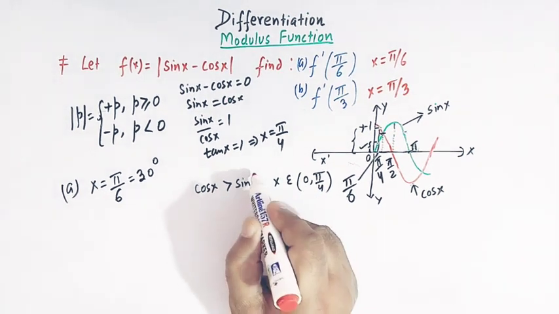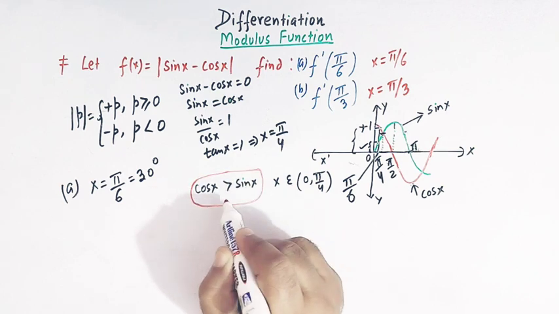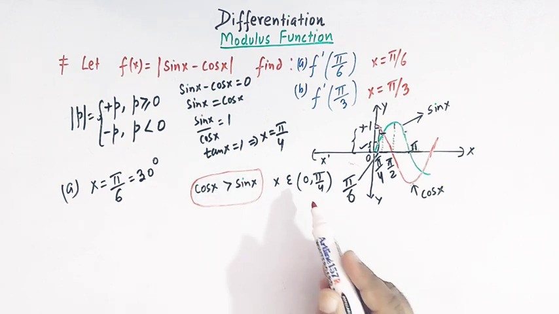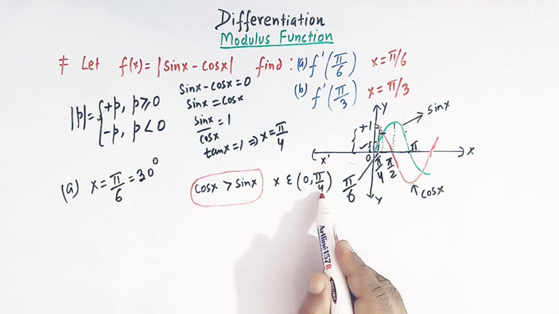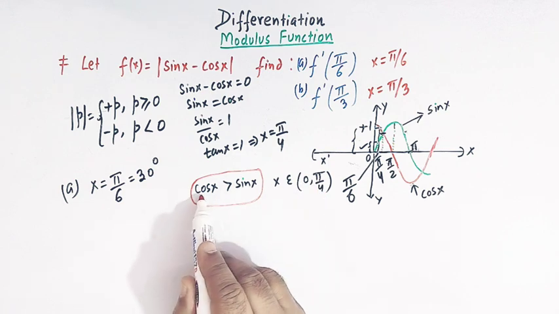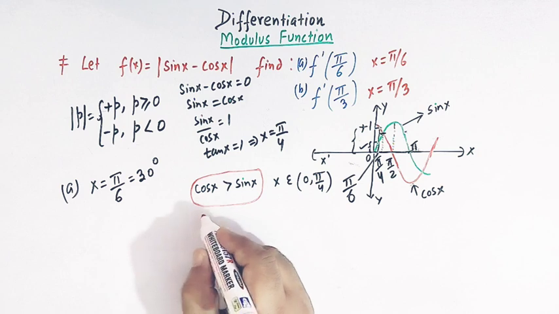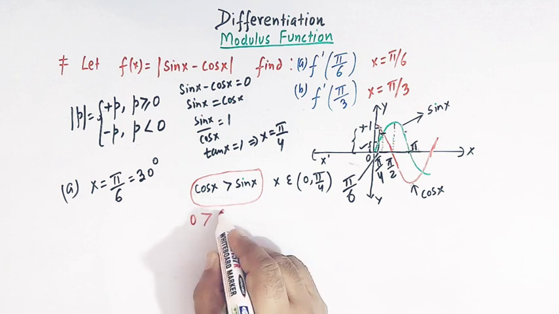So viewers, always remember that cosine x is greater than sine x when x belongs to 0 to pi by 4, right?